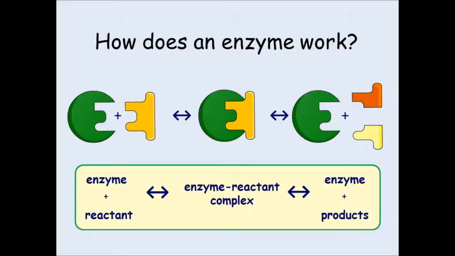So an enzyme can either be used to help break down a larger molecule into smaller pieces, or it can help take smaller pieces and build them into one larger one. Whether it's one or the other depends on the specific reaction taking place. And there are lots of different examples of both of these reactions that occur in the human body.